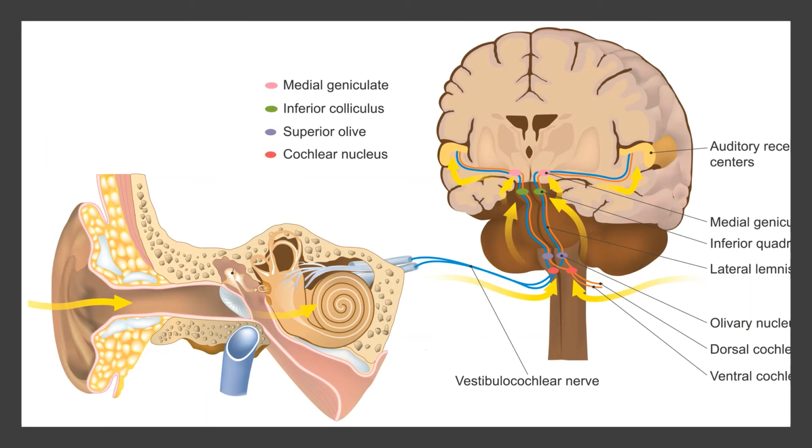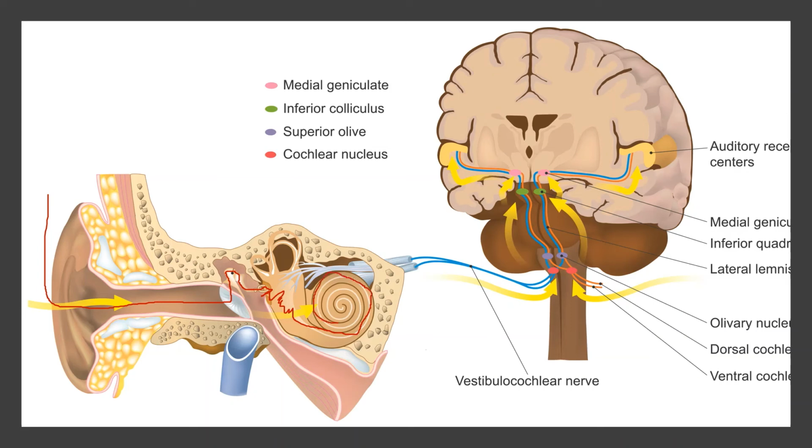So here you can see just another good interpretation of when sound comes in. It hits the tympanic membrane, goes to the malleus, the incus, travels down to the stapes, helps to transmit the vibrations. The vibrations go through to the cochlea.